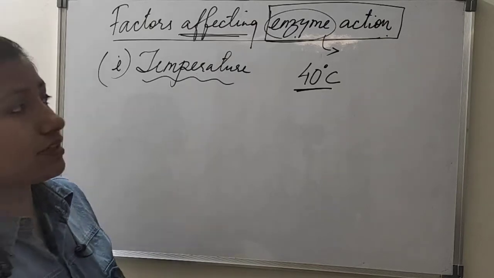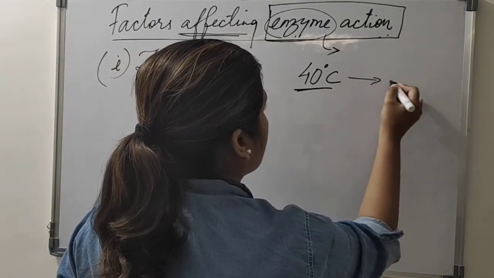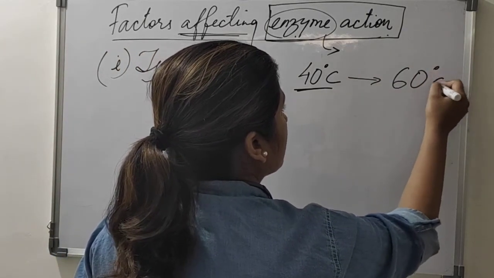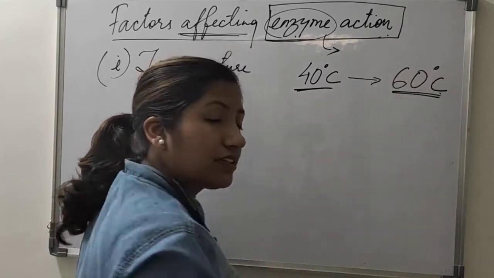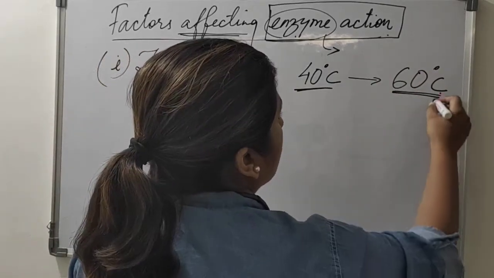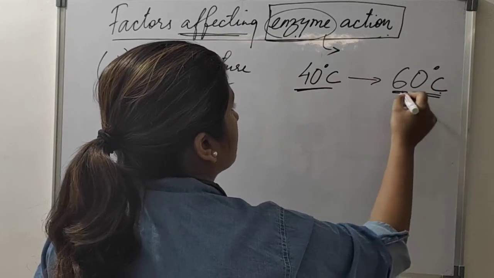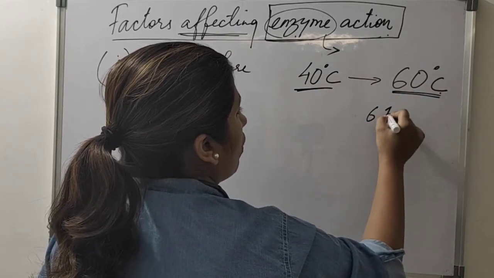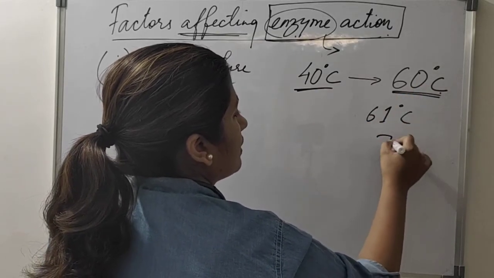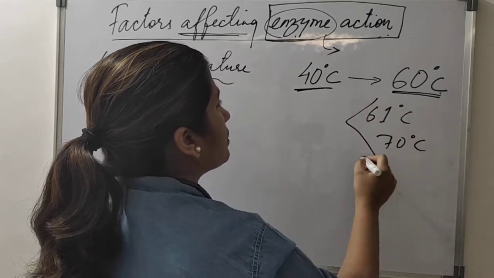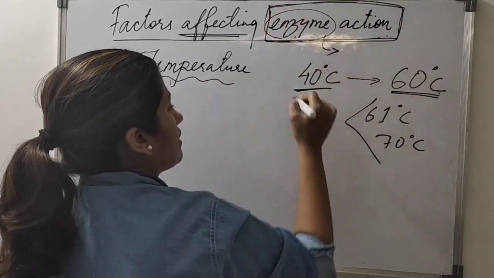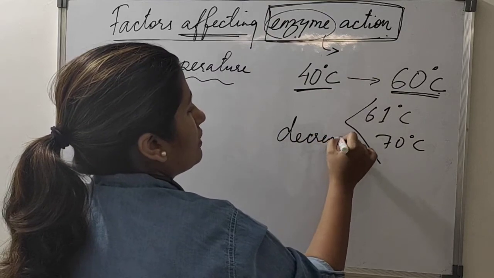But as we raise the temperature up to 60 degrees, and after 60 degrees Celsius, if the temperature increases, like above 60, say 61, 62 or 70, at this temperature the enzyme's activity will decrease. Why so?